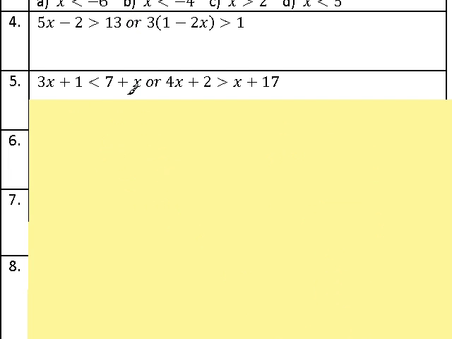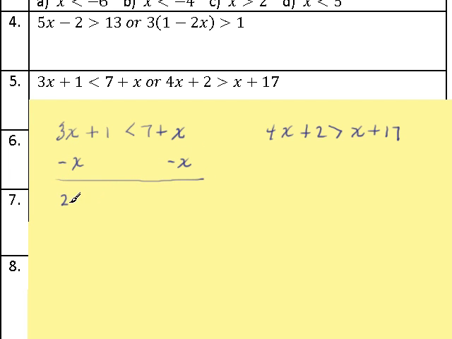Number 5 again, two inequalities connected by an or, and we'll just solve them separately. Okay, let's subtract x from both sides. And we have 2x plus 1 less than 7. Subtract 1. 2x less than 6.